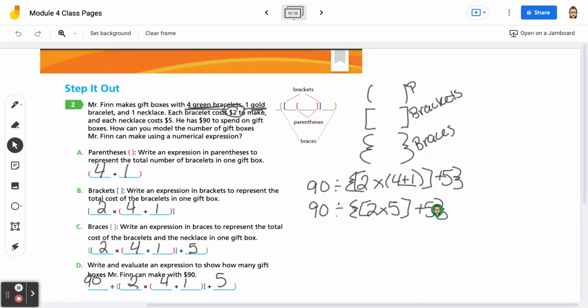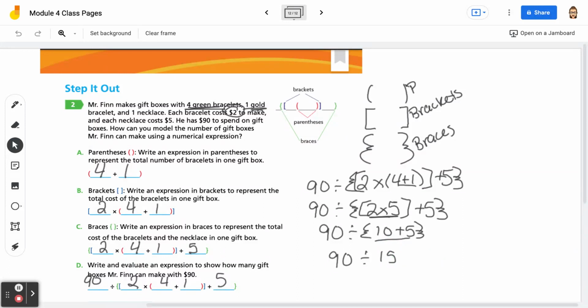And then we still go to our innermost grouping symbols, which would now mean we're doing the 2 times 5. So rewrite everything else. 2 times 5 is 10. Then go to innermost grouping. 10 plus 5. 90 divided by 15.